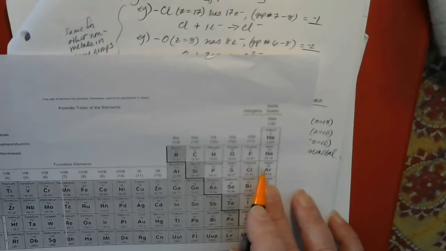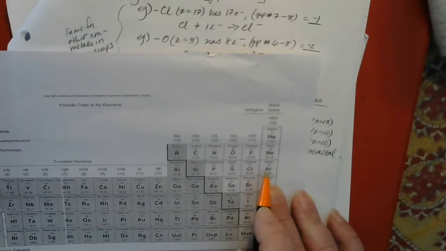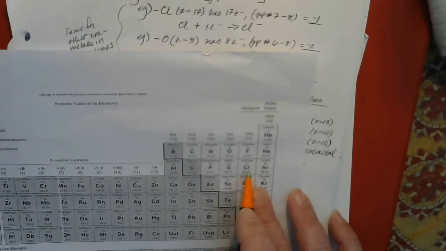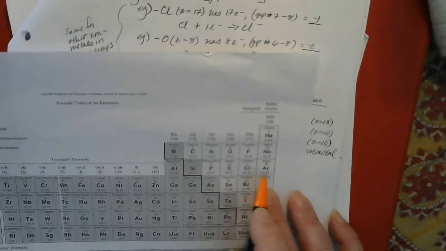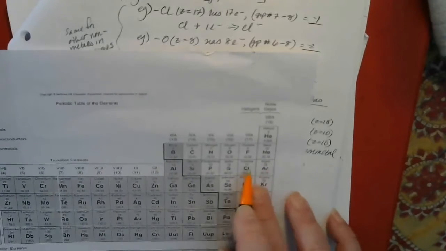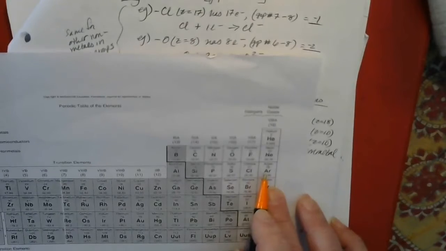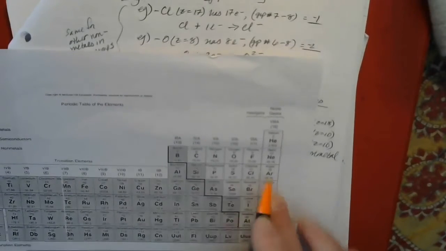It also makes it look like argon from the outside, which allows it to be more stable than if it had 17 electrons. And so chlorine will tend to gain 1 electron and have the same electron number as argon.